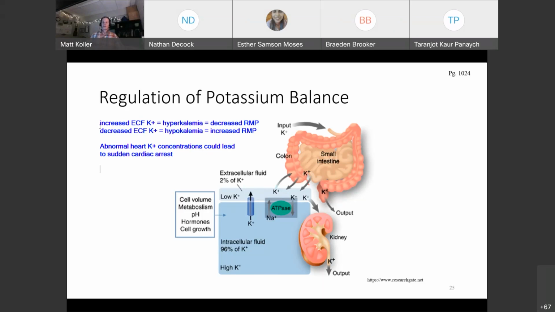Now, also, potassium is part of the body's buffering system. So what do we mean? Your body wants to have a certain balance between being too acidic and too basic, pH. And potassium will assist in that.